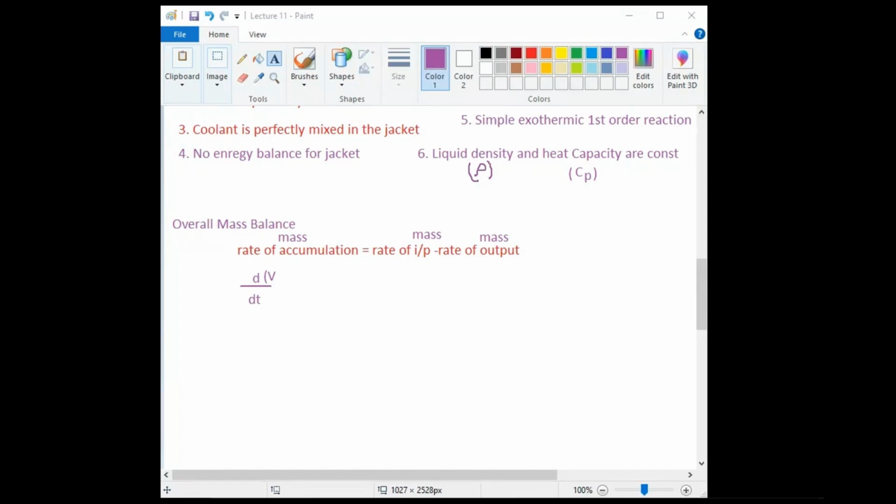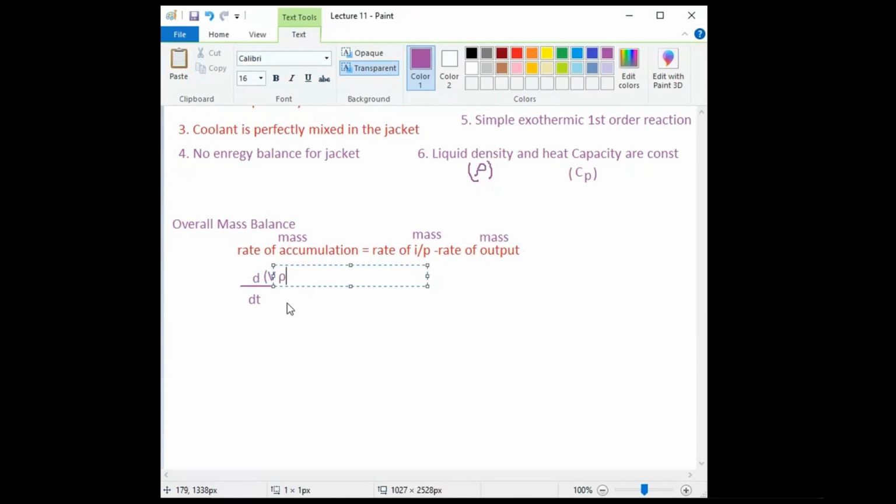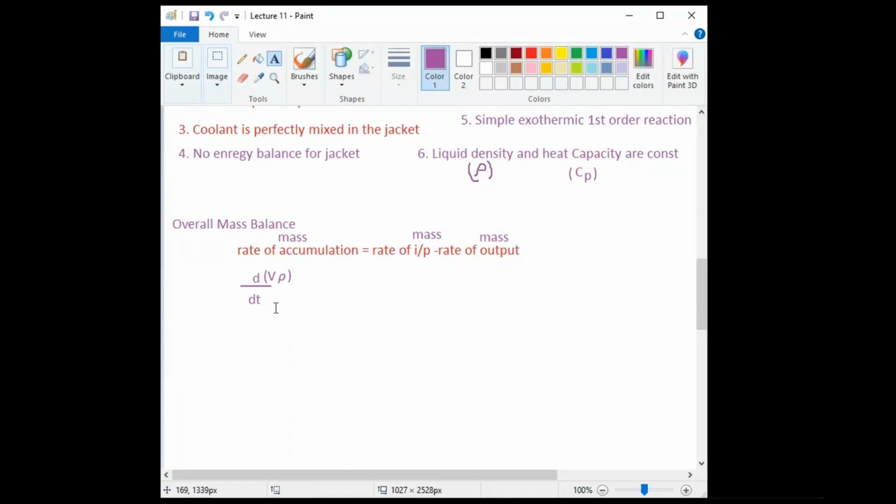V into rho can be written as mass. So rate of mass accumulation is d by dt of V into rho.